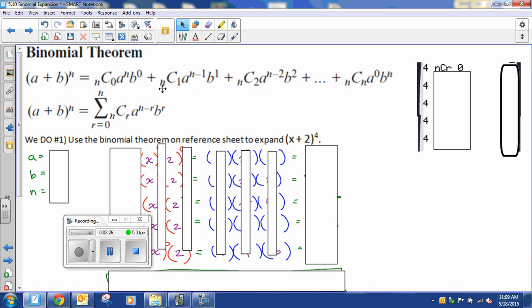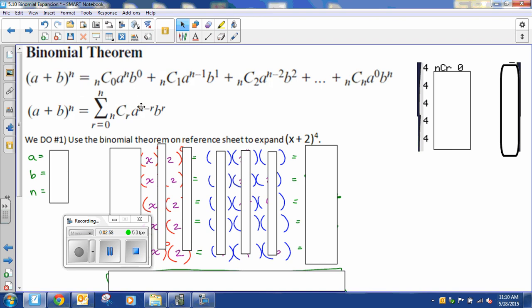We add this to n choose 1, so the 0 goes up to a 1, 2, 3 goes up to n, and the power of a decreases by 1, and the power of b increases by 1. So it starts off a to the n, b to the 0, and then the a power keeps going down, and the b power keeps going up until you end up with a to the 0, b to the n, and the n choose r, the r keeps increasing until we reach n.